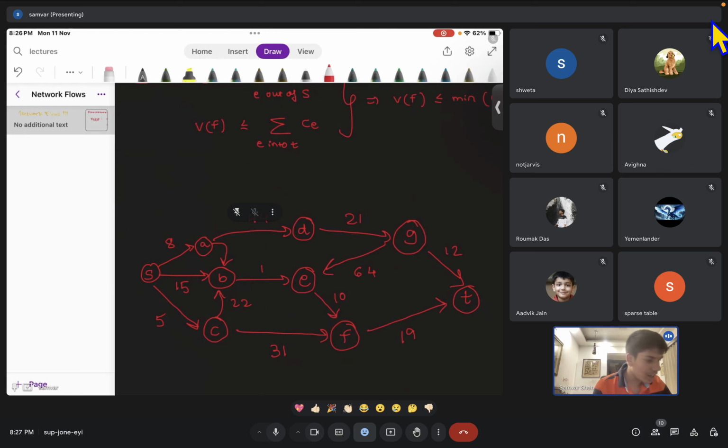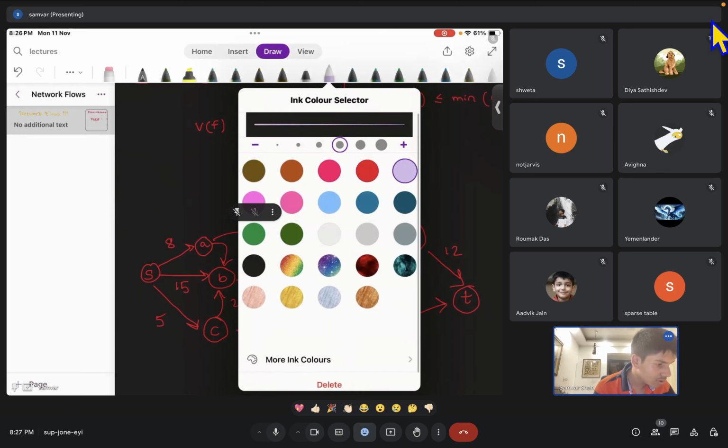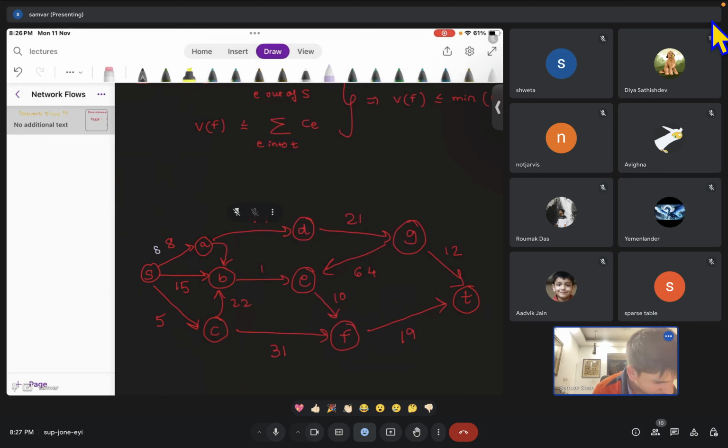So, just to explain how it works, I am going to push flow 8 here, flow 8 here, flow 8 here, and flow 8 here. Does everyone see how this is still till now a valid flow? Because consider A: it sees 8 flow coming into it from S, and 8 flow going out of it to D.